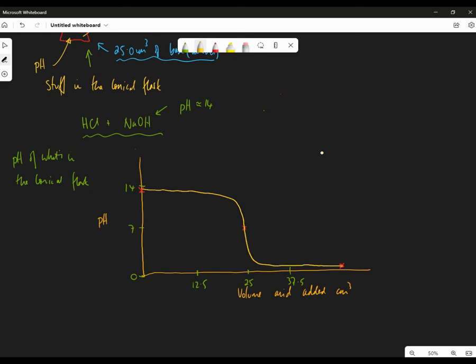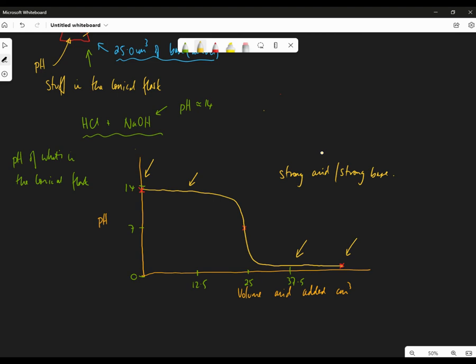Now, how can you tell this is strong acid, strong base? Well, first of all, where the pH starts, that's a strong base. Where the pH finishes, that's a strong acid. And it will go relatively straight down like this. The pH will decrease as I keep adding acid. So if I saw this without even seeing any labels, I'd know this is strong acid, strong base.